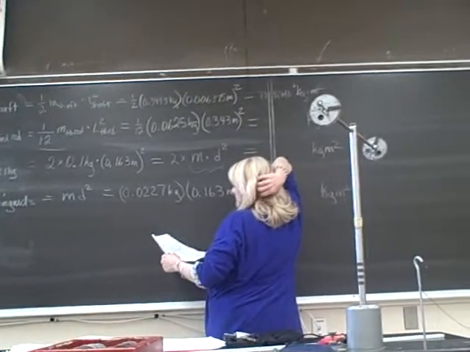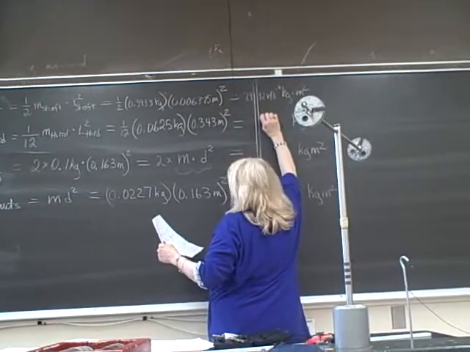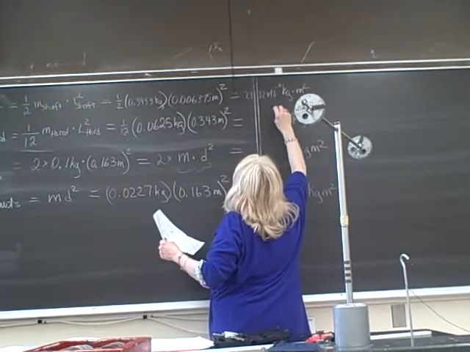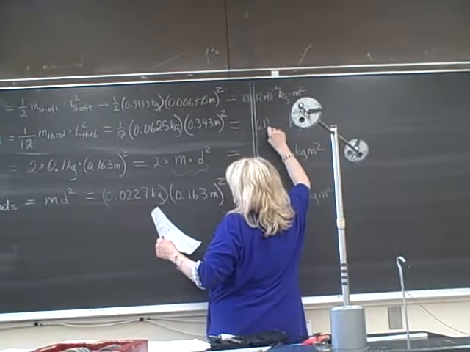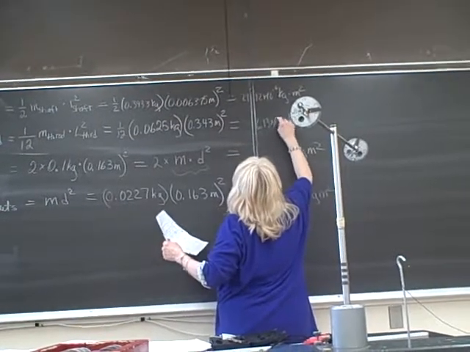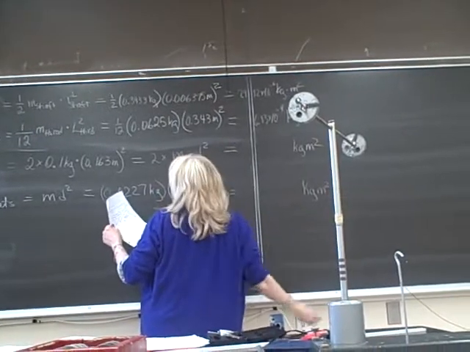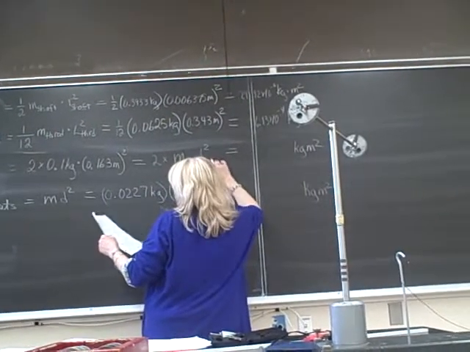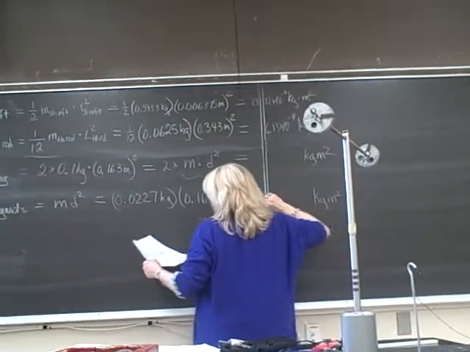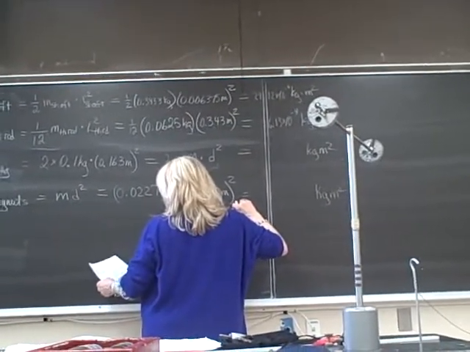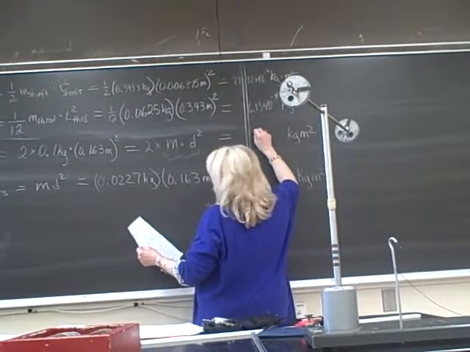Okay, and I for the threaded rod. Anybody? 6.13 times 10 to the negative 4. Yep. 6.13 times 10 to the negative 4th kilogram meters squared. And the 100-gram masses. My numbers were a little different.